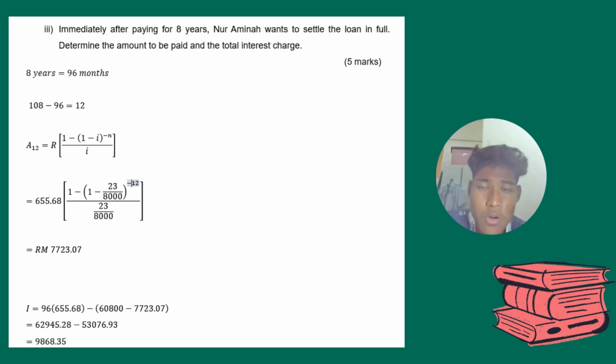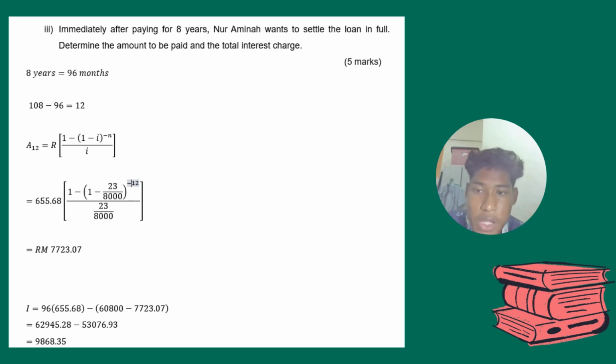Immediately after paying for 8 years, Nur Aminah wants to settle the loan in full. Determine the amount to be paid and the total interest charge. To find the amount to be paid, we must use the present value formula. So A equal R open bracket 1 minus open bracket 1 plus i close bracket power of negative n over i close bracket.